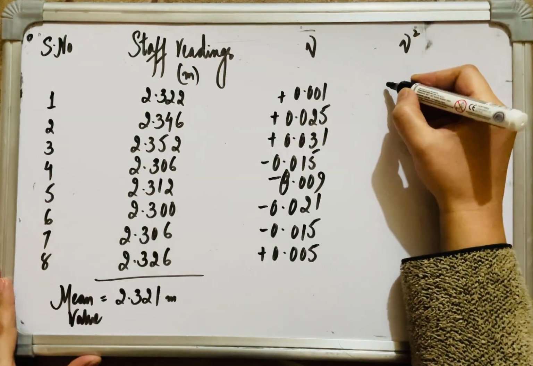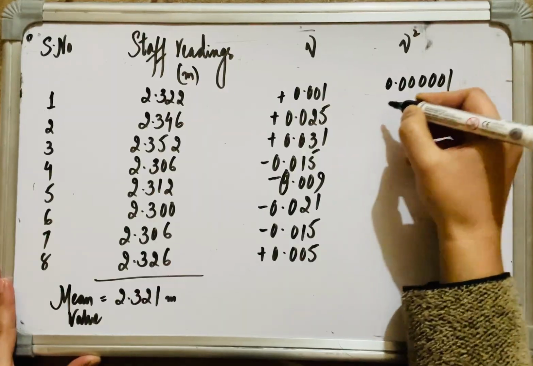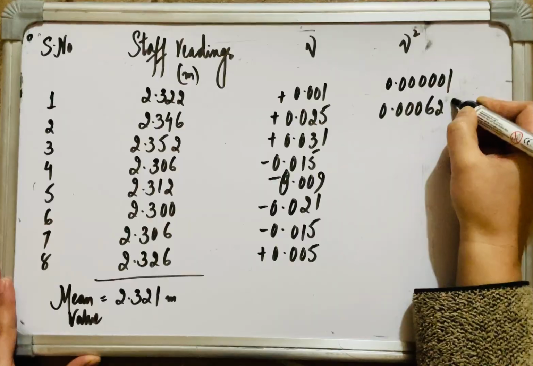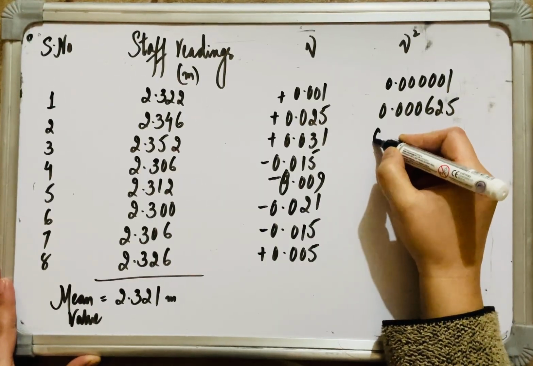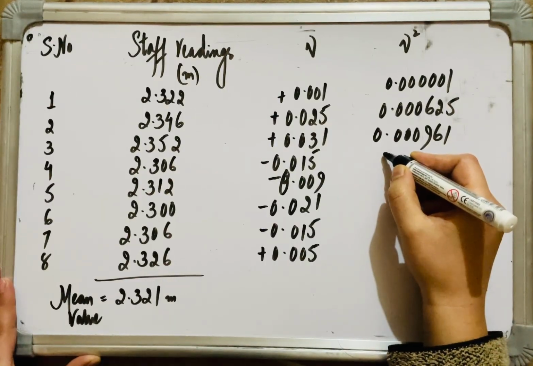First one is 0. All right, next one is, third value is, next.